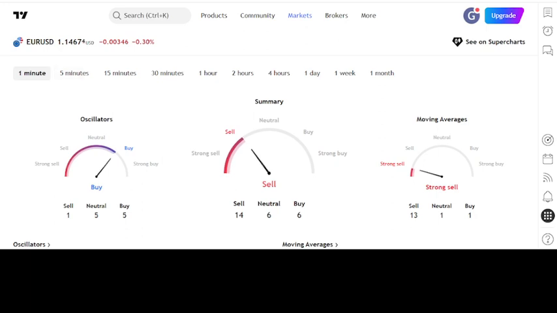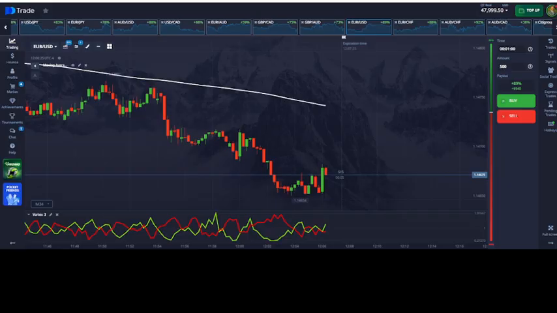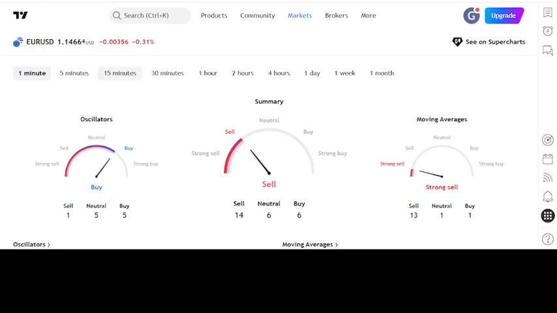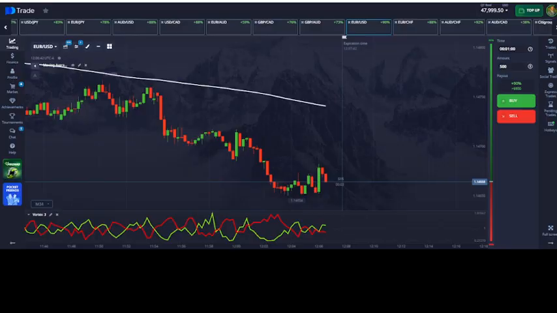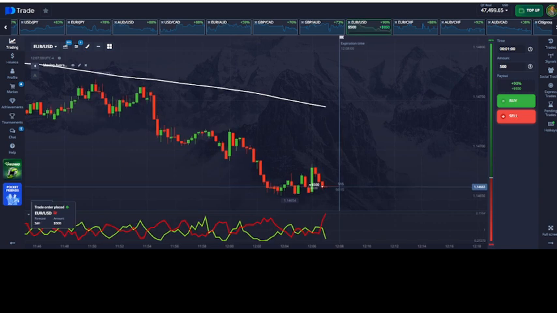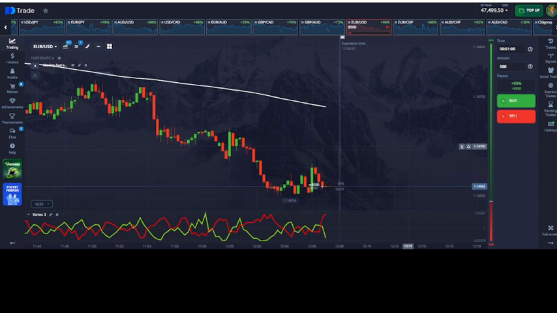Make sure the timer is set to 1 minute here. Okay, so let's go to 5 minutes. It's giving us sell on the 5 minute, and it's also giving us an overall sell. So let's go ahead and take a sell trade here, a 1 minute sell trade on the Euro USD.